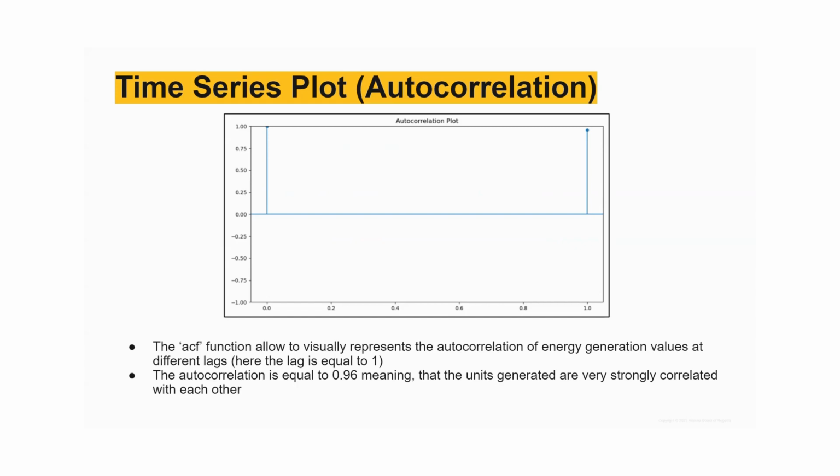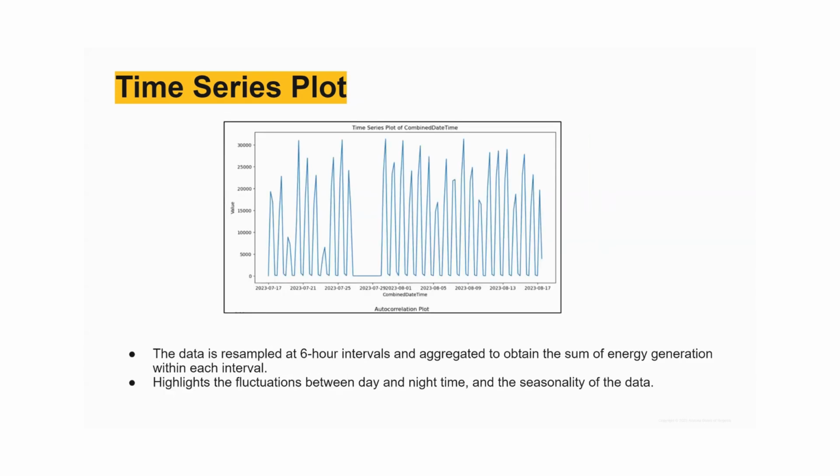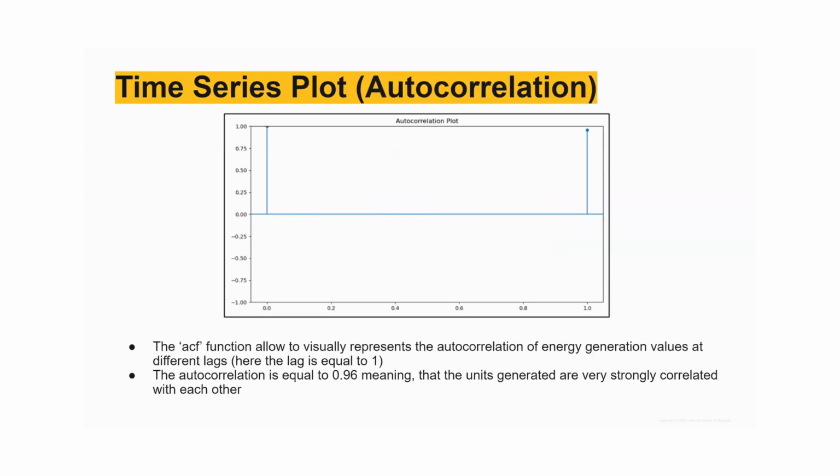So here we just determined the correlation between the first 6 hours and the last 6 hours. So the autocorrelation was found to be equal to 0.96, which means that the units generated were very strongly correlated with each other with respect to time.